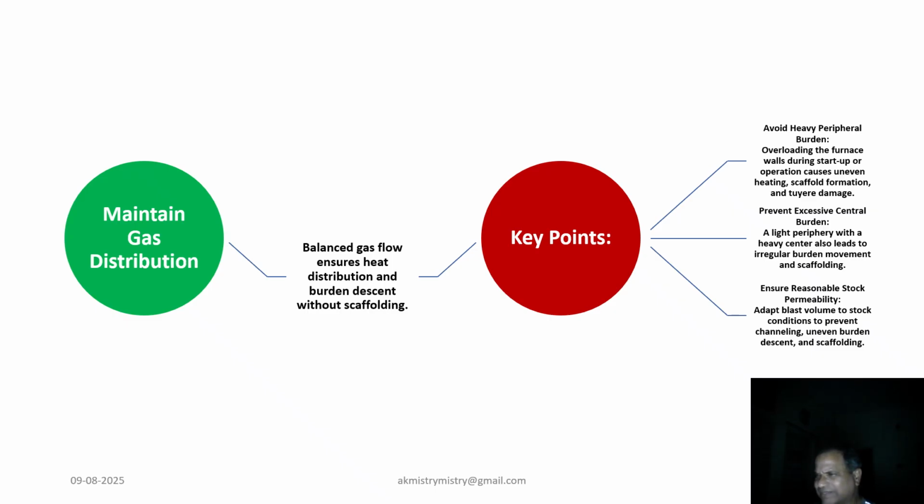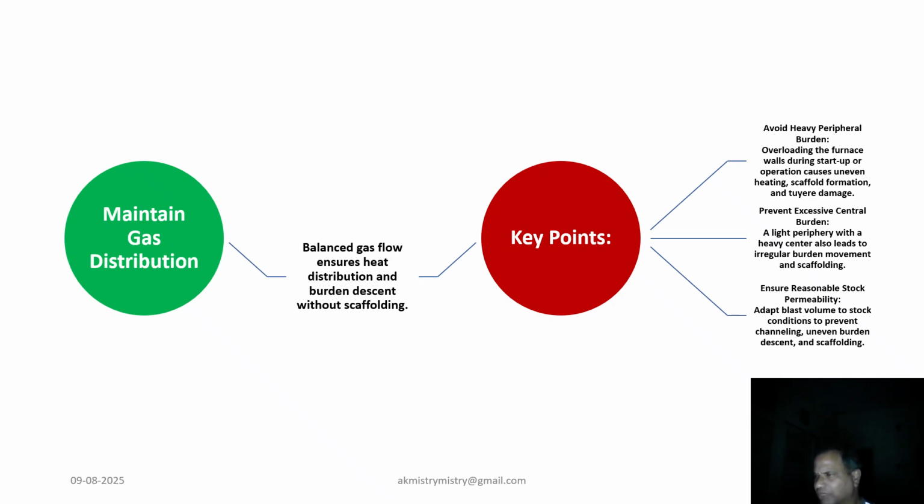Now, next, let's discuss maintaining gas distribution and monitoring permeability. Balanced gas flow is critical because it ensures even heat distribution and smooth burden descent, thereby preventing scaffolding. Avoid heavy peripheral burden.